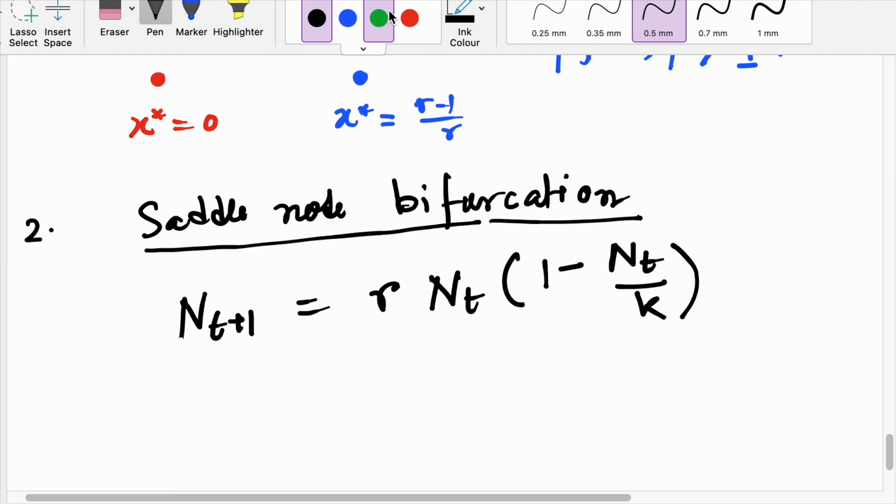So this was our previous population growth model.